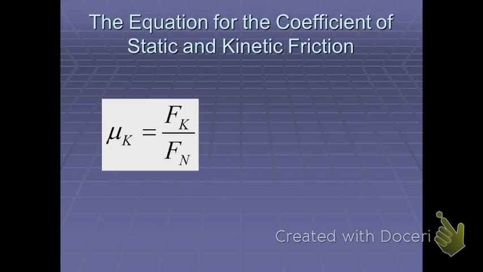Now, in this case, we have our equation for frictional coefficients. So in the box that you see on your screen right now, you have the K's. Now the K's represent kinetic. And so a coefficient of friction is a ratio between Fk, which is your kinetic friction, and your normal force, which is equal to your gravitational force on a horizontal surface.